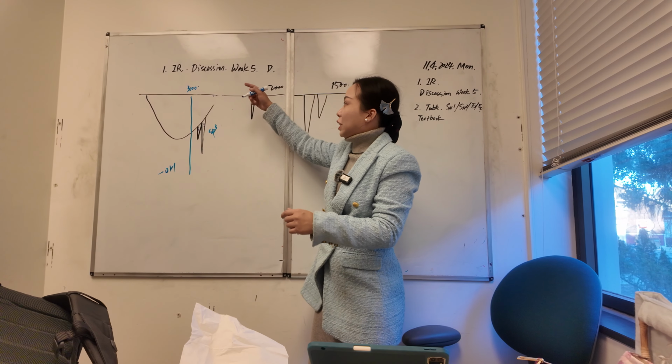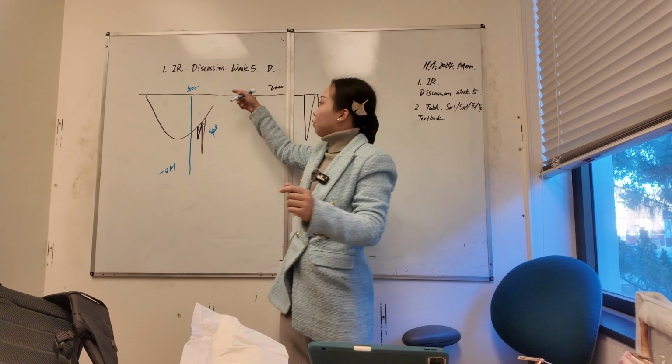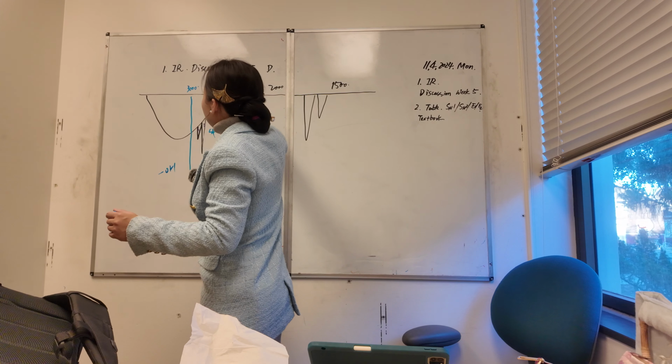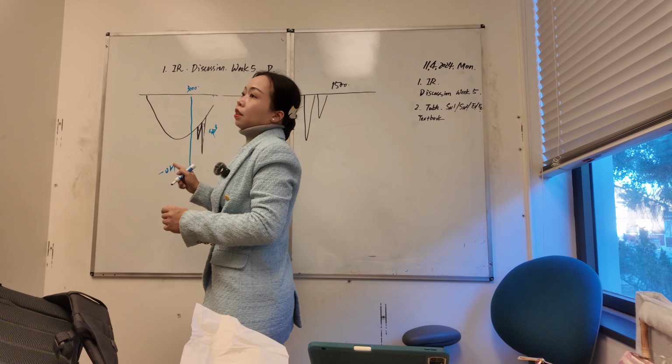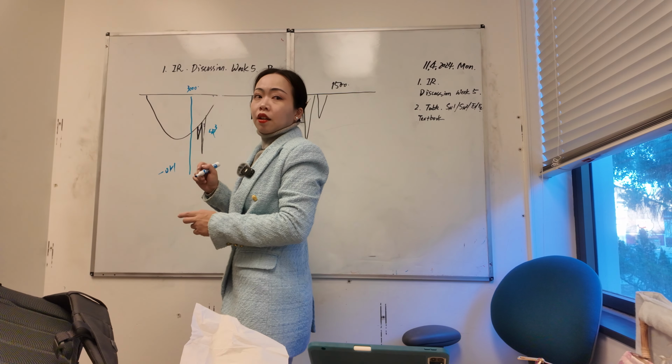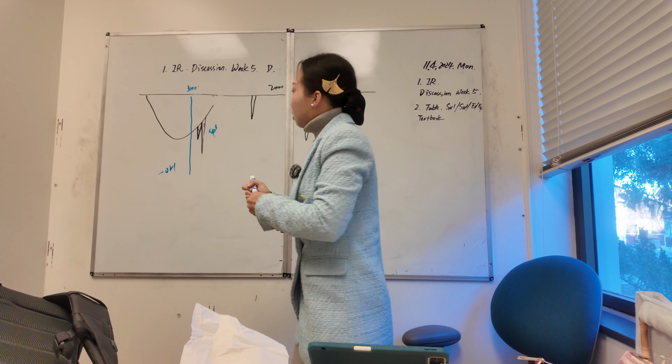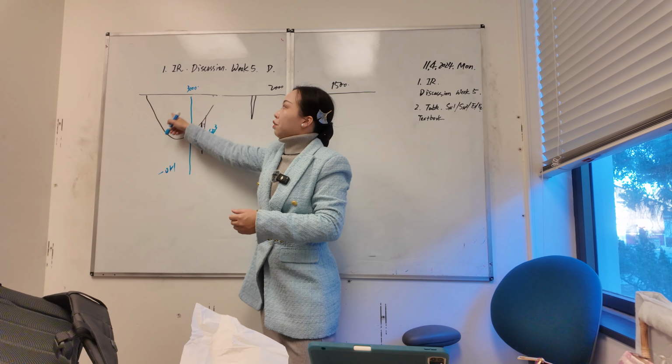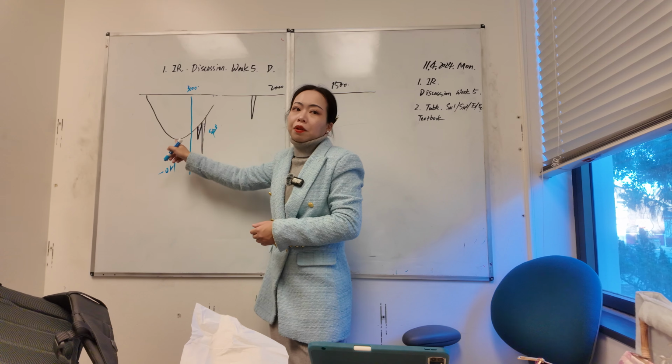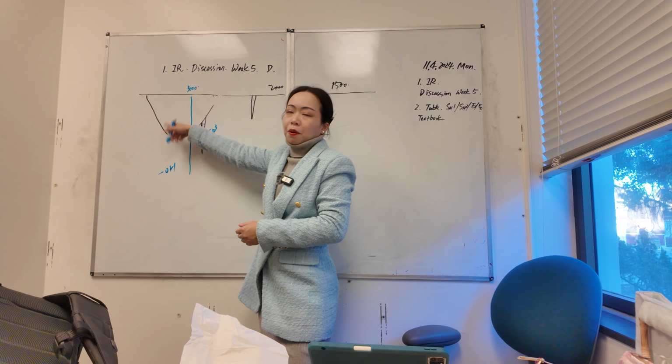When I copied the question, I copied it wrongly. If your 3000 is here, then that's sp. So it depends on how close it is to 3000. If it's a triple bond, it will be more in this part.